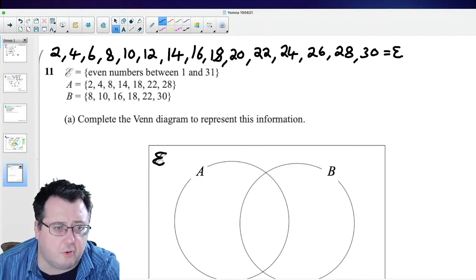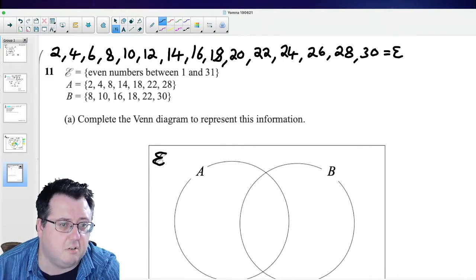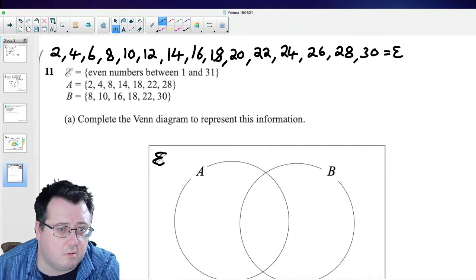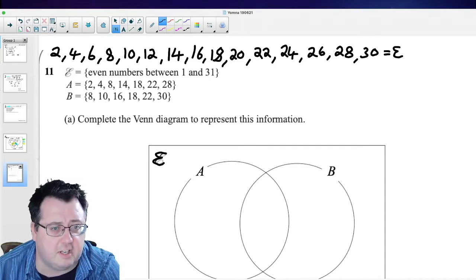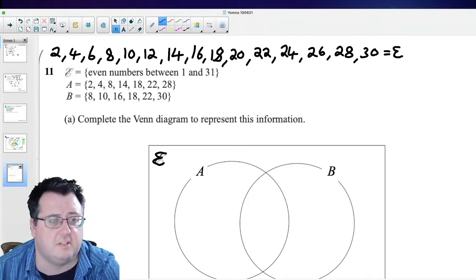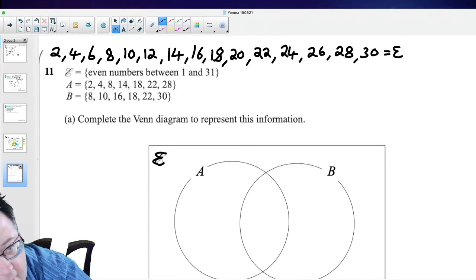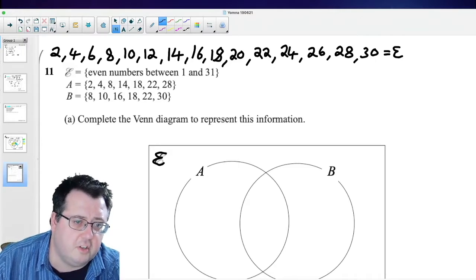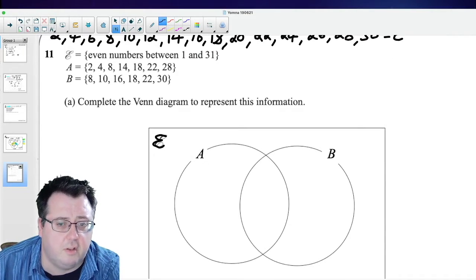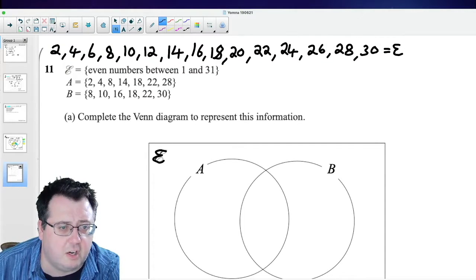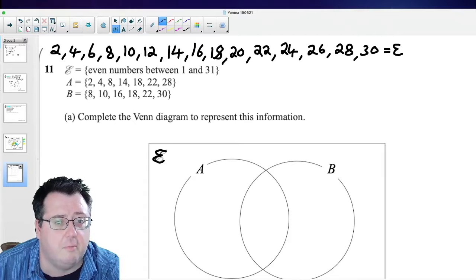A is 2, 4, 8, 14, 18, 22 and 28. B is 8, 10, 16, 18, 22 and 30. So the first thing you've got to ask yourself to fill in this diagram is what numbers are in both A and B. Can you see what's in both A and B?